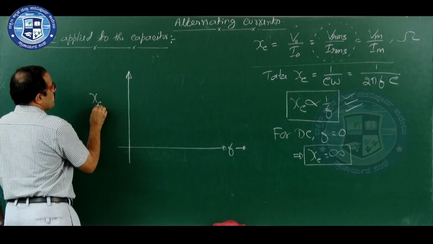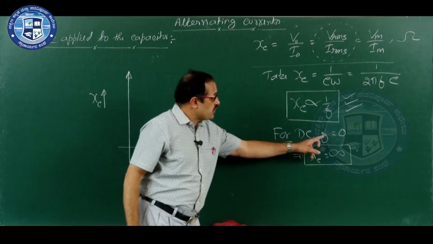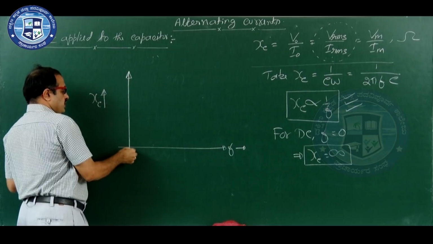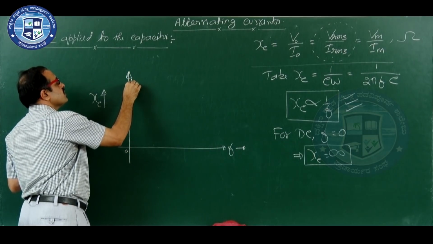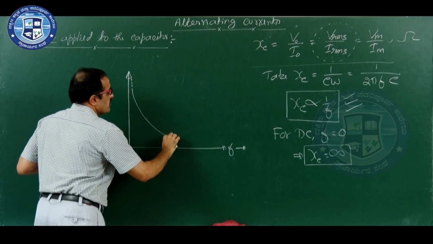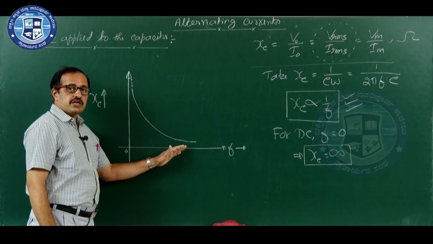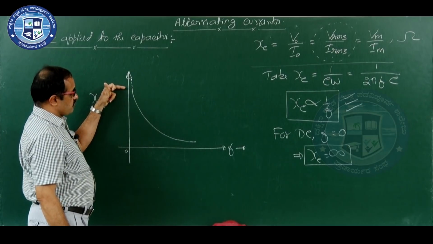Here we take capacitor reactance, and we know when frequency is 0, it is infinity. Therefore, we can't mark it, it is like this. But as frequency increases, it exponentially decreases. This is the graph. And never start the graph from the y axis.